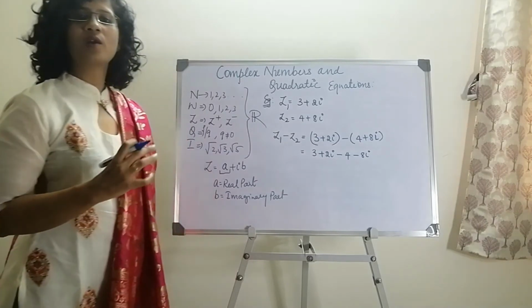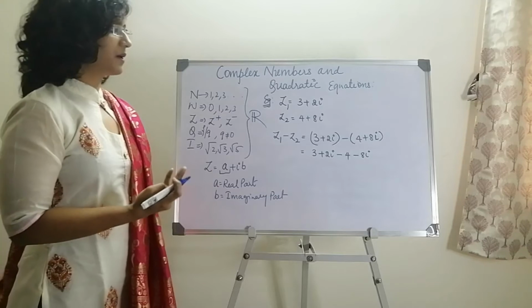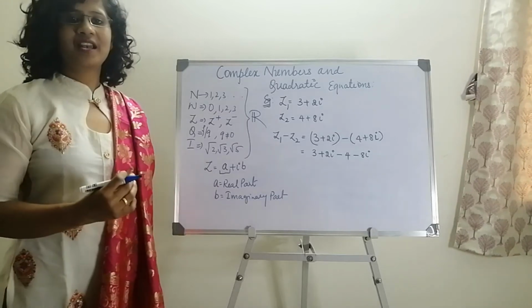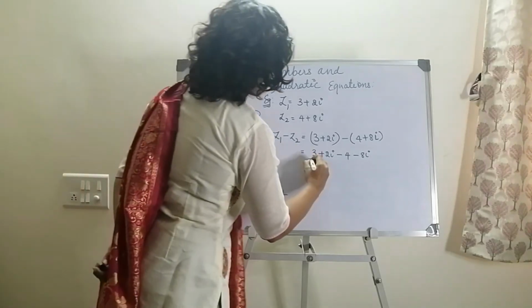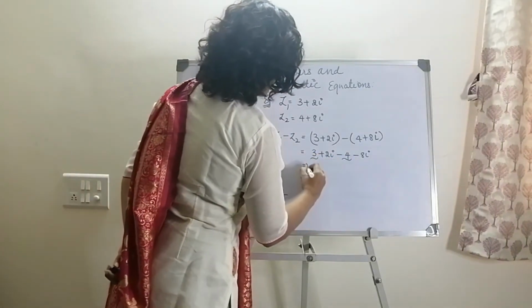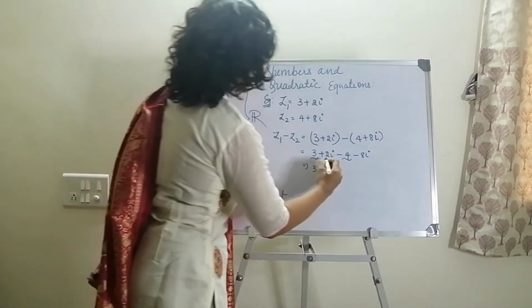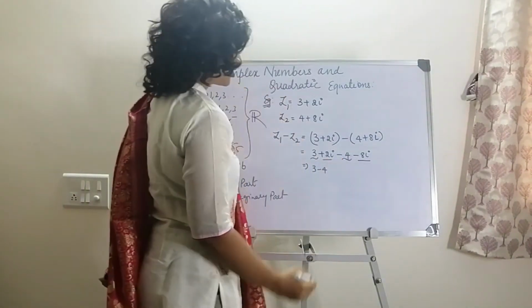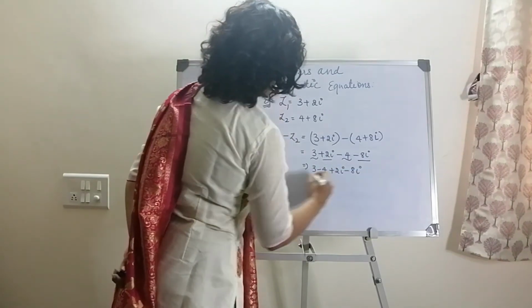Real terms will always be numbers, either positive or negative, but my imaginary number will always be with an i. So I will group my real terms. I get this as 3 minus 4. Similarly, I will group my imaginary terms. So I have this as 2i minus 8i.